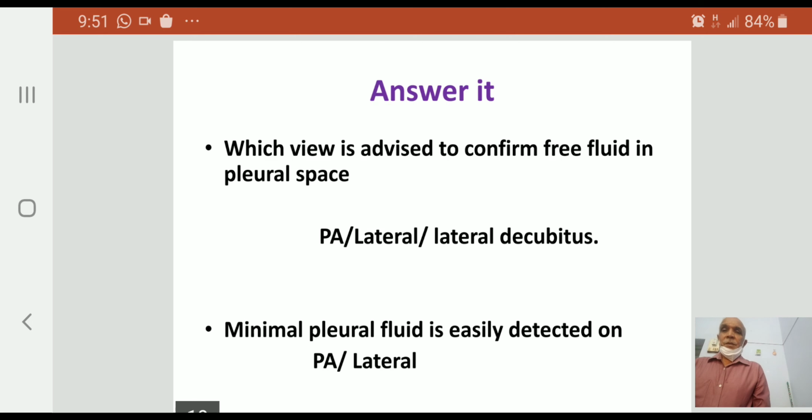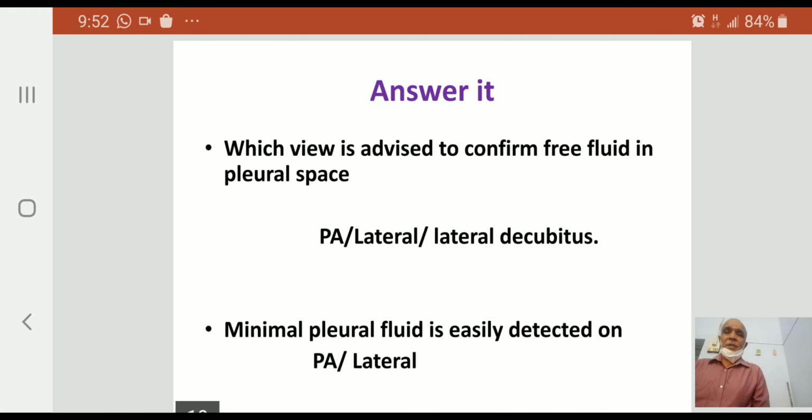Now the second question: minimal pleural fluid is easily detected on which view, PA view or lateral view? In the PA view, we see the lateral CP angle, but in the lateral view we can see the anterior CP angle and the posterior CP angle.